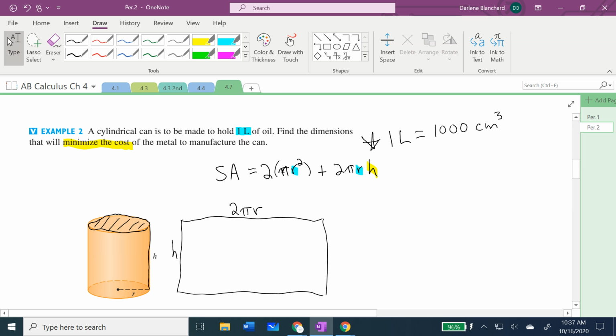Anyway, so the liters is volume. The 1,000 cubic centimeters is volume. And if you have a cylinder, you're taking the area of a circle and sliding it through the height. So the volume is the area of the circle multiplied by the height.